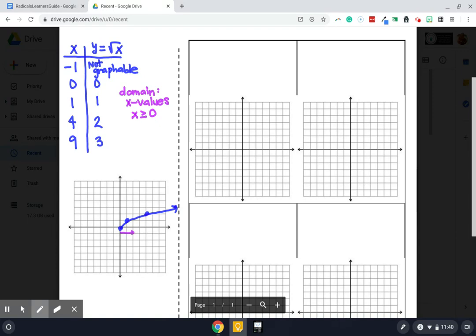Everything bigger than 0 is accounted for. As far as the range, that represents all the y values. And in this problem, the y values are all greater than or equal to 0. So we start at that axis and we move from there.